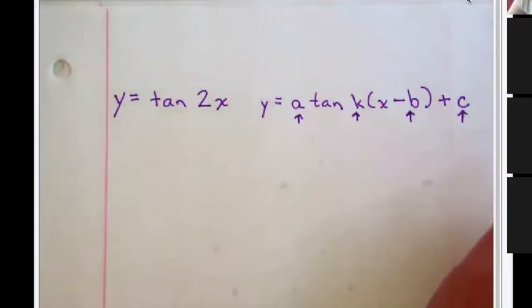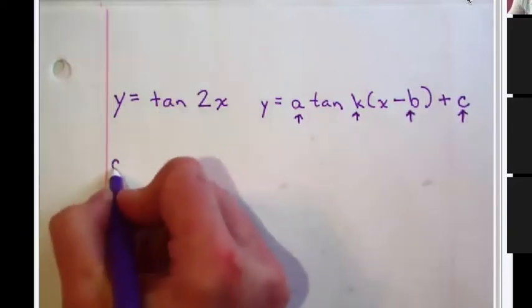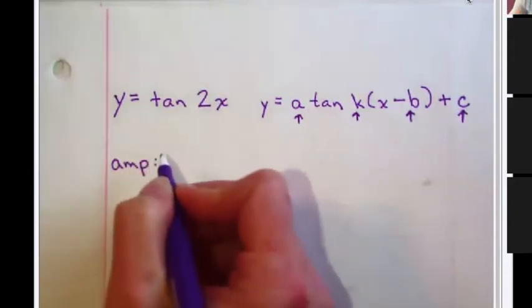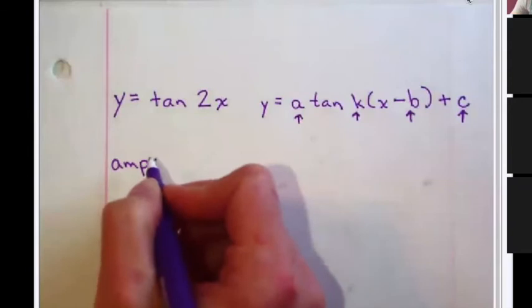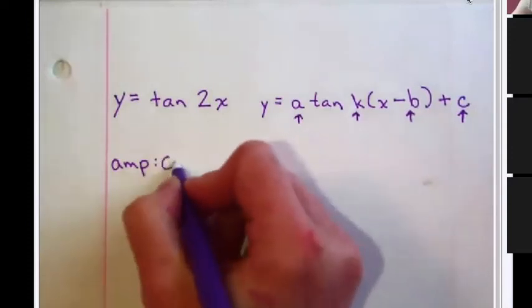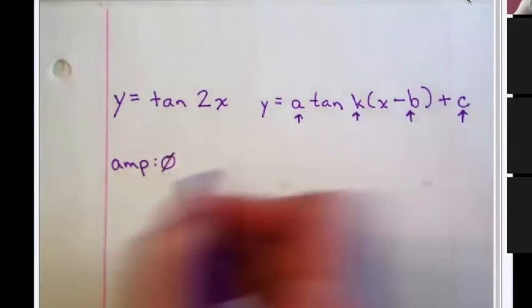So for this one, remember, a lot of times you're going to have all of these at one time. So it's going to say define the amplitude, the period, the phase shift, the vertical shift, describe the domain, the range, all of those things. So for this one, the amplitude for tangent, always undefined.